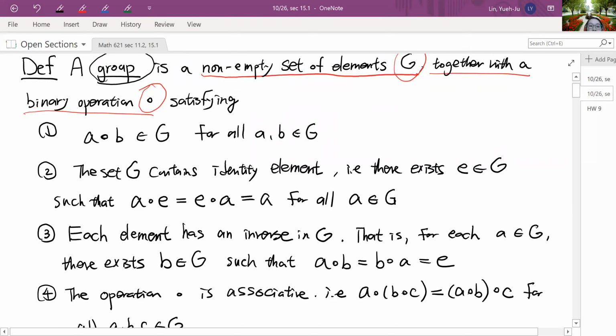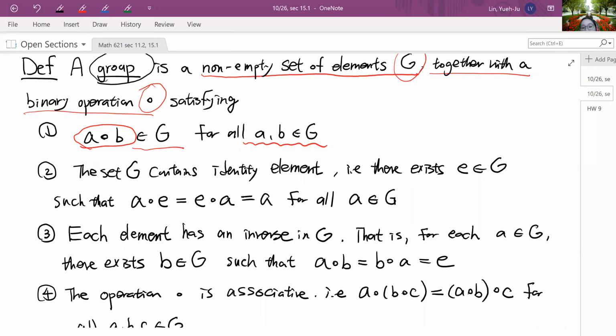The first criterion is that for any two elements A and B from your collection, when you do the operation between those two, say A acting with B, the new element, maybe something new, should be in the collection. If you think about the operation as addition, then A plus B will be a new element, and this new element should be in the collection.